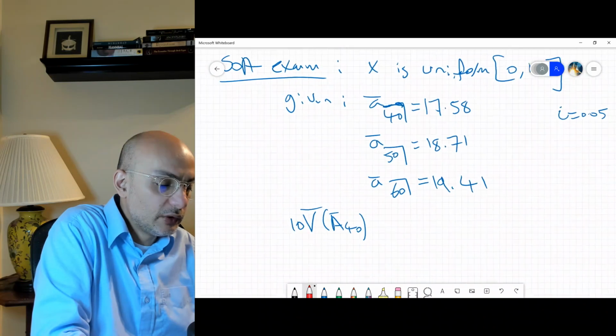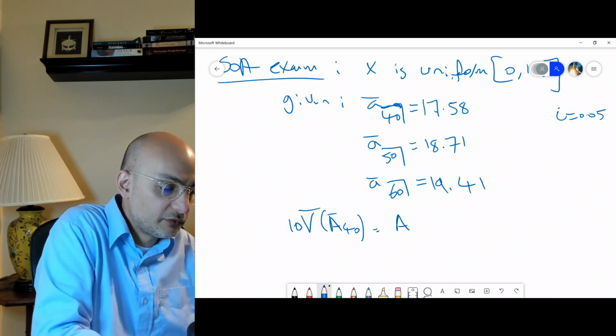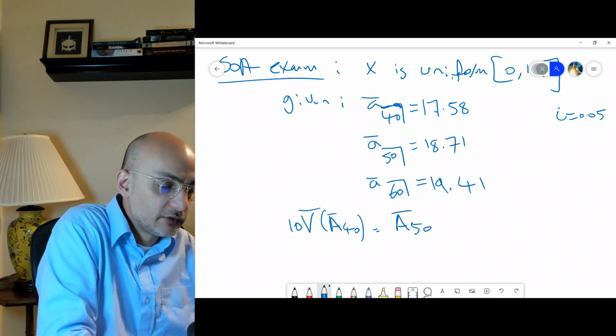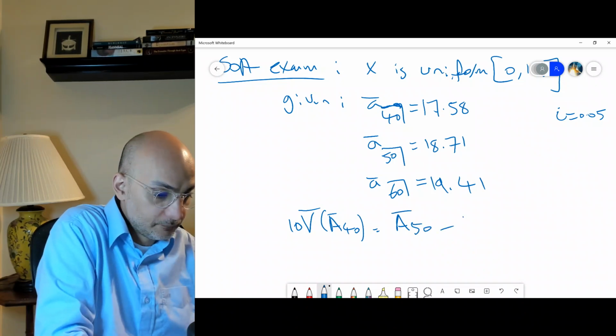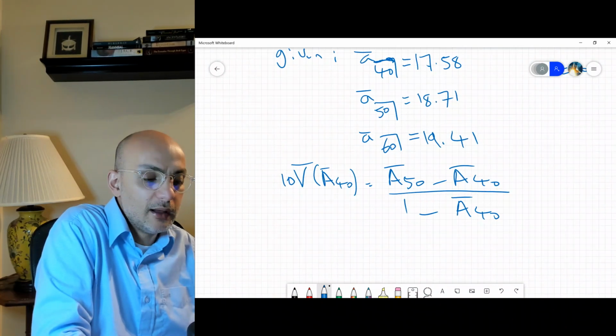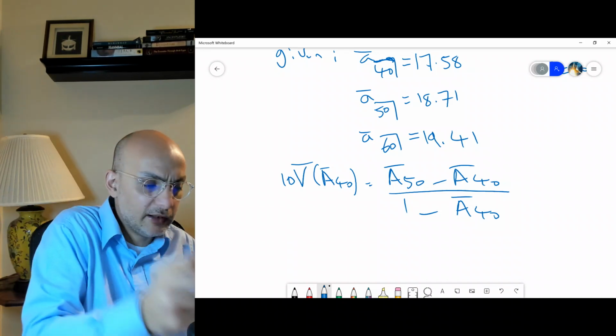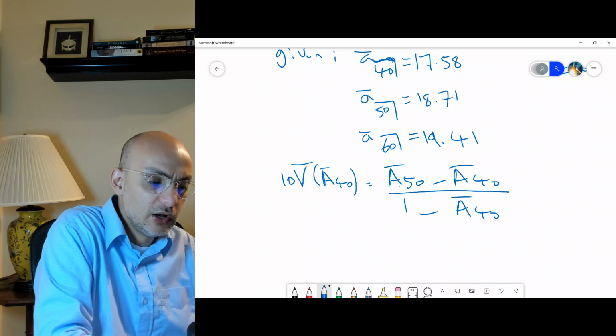So what I would always do is write Ax+t, which is 50 minus 40, divided by 1 minus A40, right? Many times you will forget which is the young one and which is the old one, so just think logically about which one is bigger.